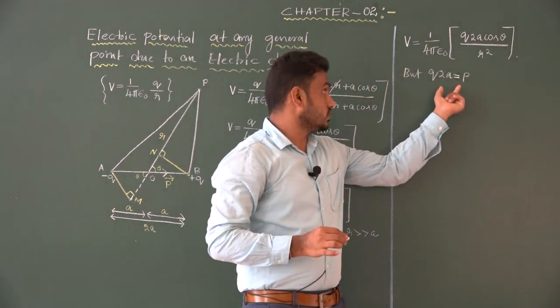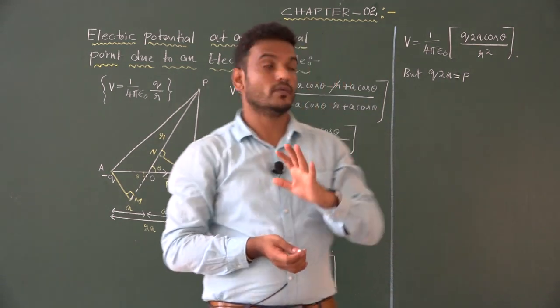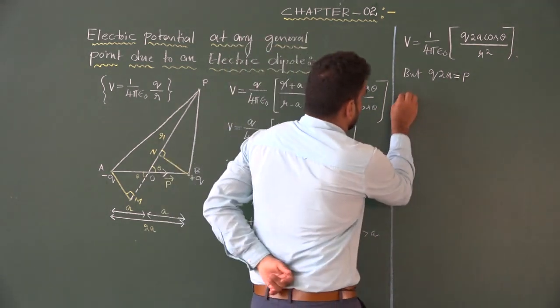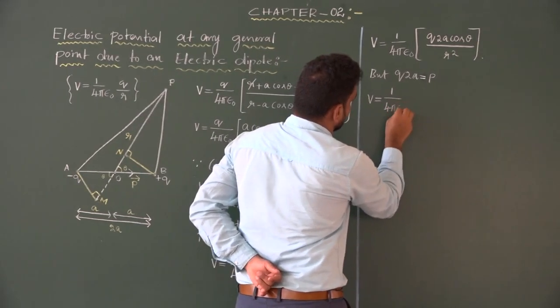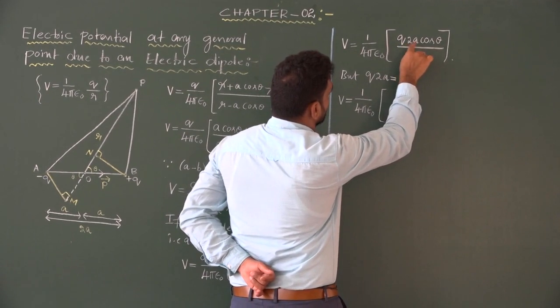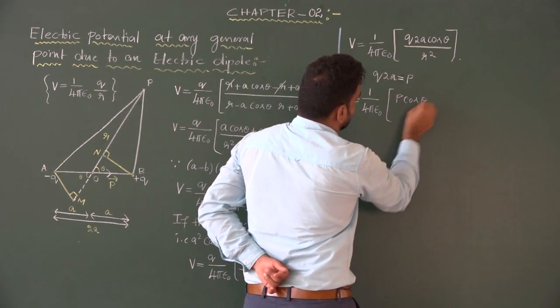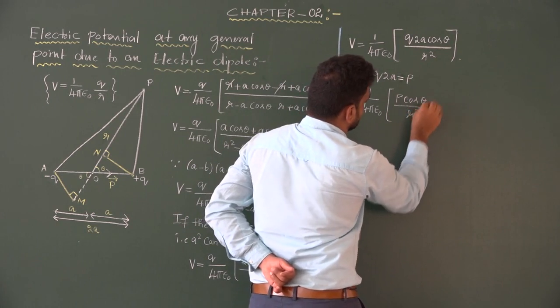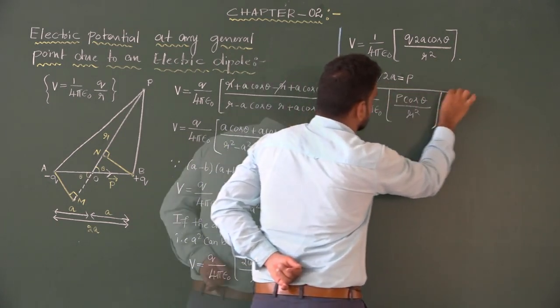Q into 2a is equal to P, that is the electric dipole moment. So the equation becomes V is equal to 1 over 4 pi epsilon naught, in the place of Q 2a I am writing P, so P cos theta divided by r square. So this is the final expression.